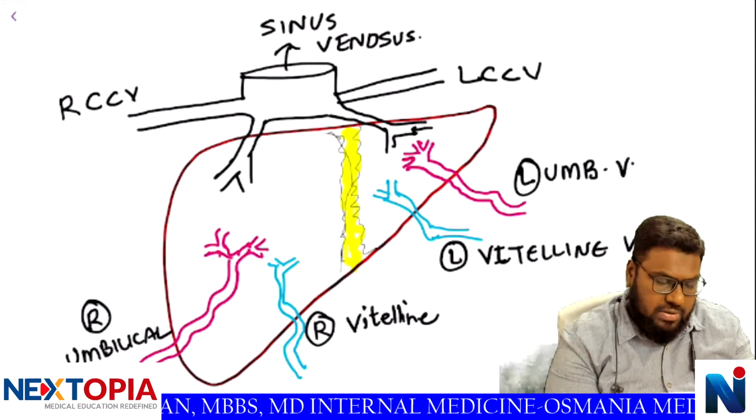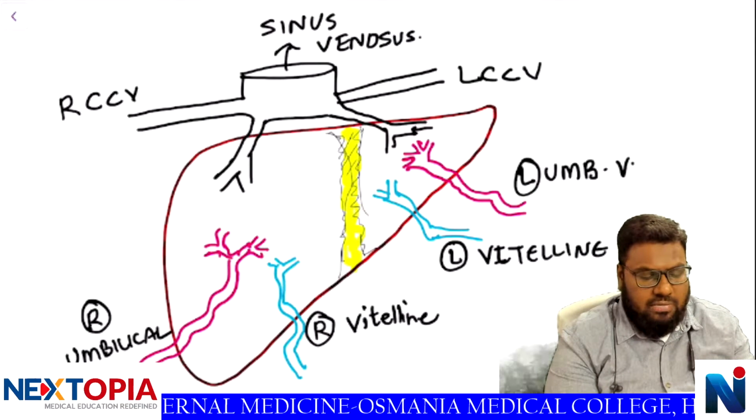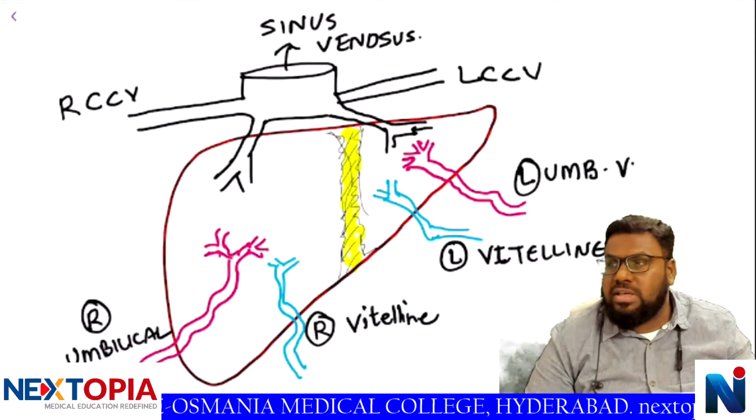This is a demarcation between the right and left liver, and this is the mesentery attachment, in yellow color.